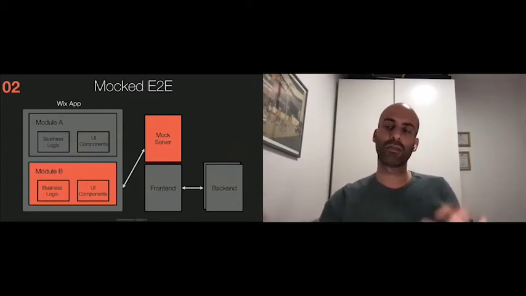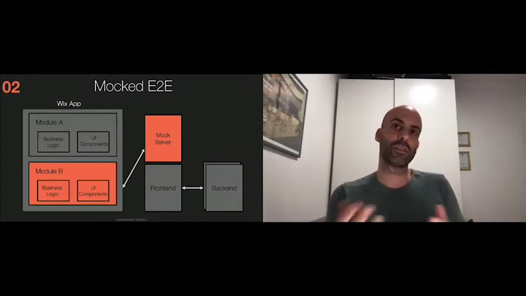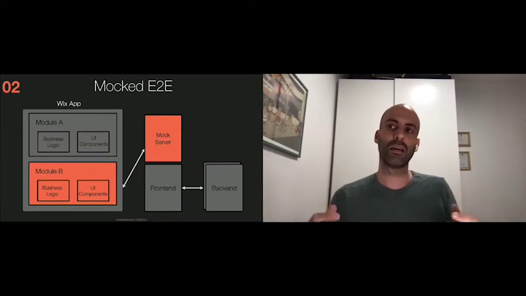We have mock servers, and we can control all the states of those servers. And we know that we won't have network issues because everything is done locally on the machine that runs the tests. So this has consistent inputs with local mock servers, and this guarantees consistent outputs. This is usually more stable and a bit faster than production end-to-end.